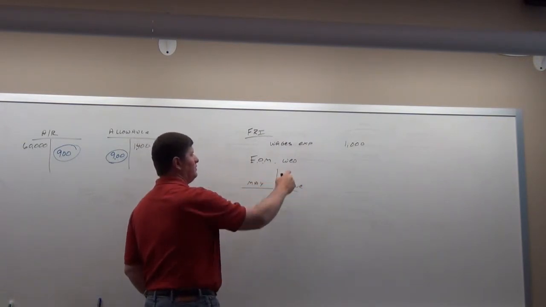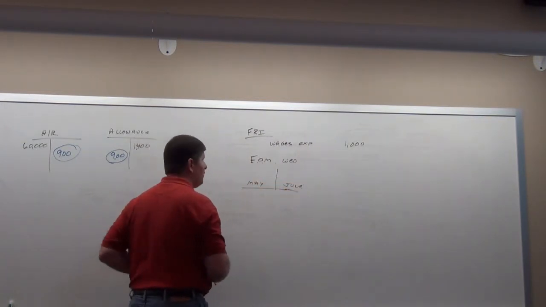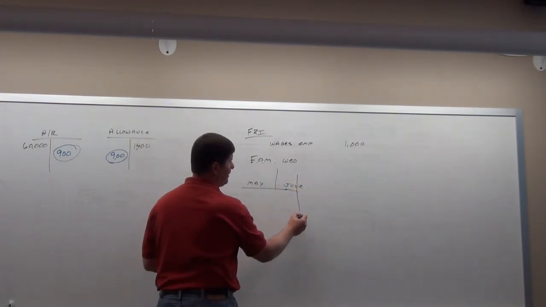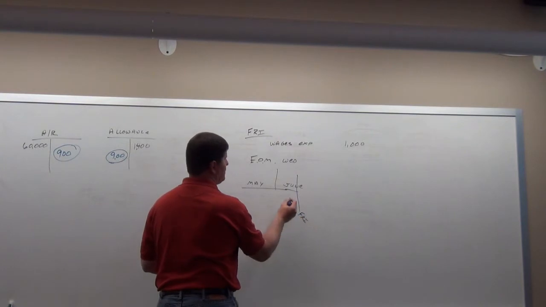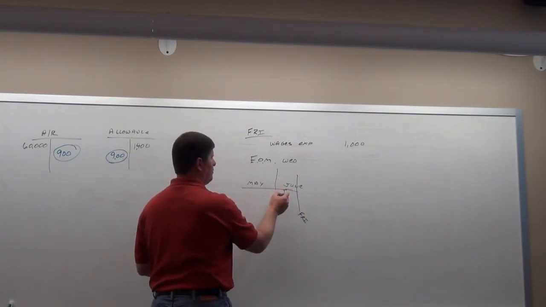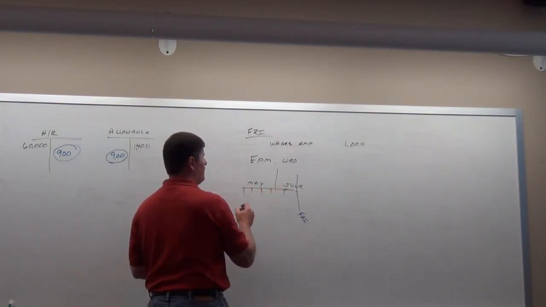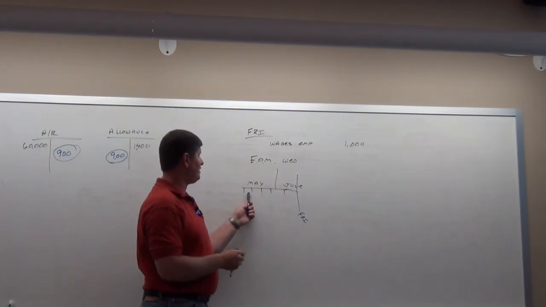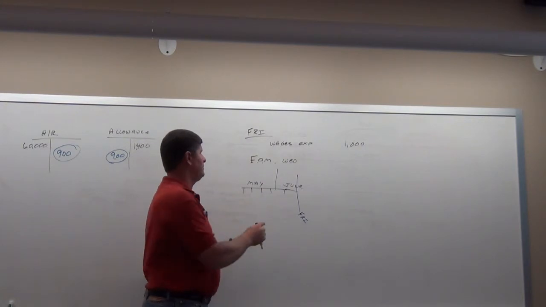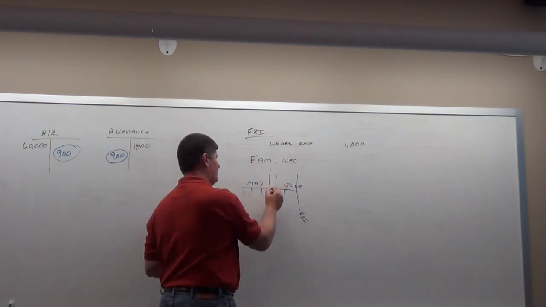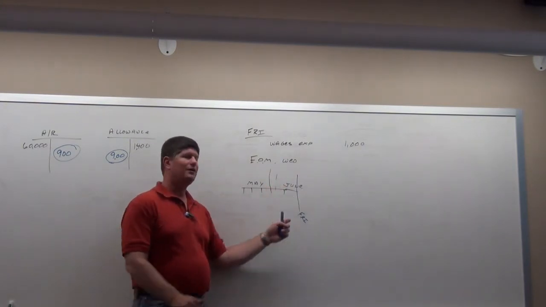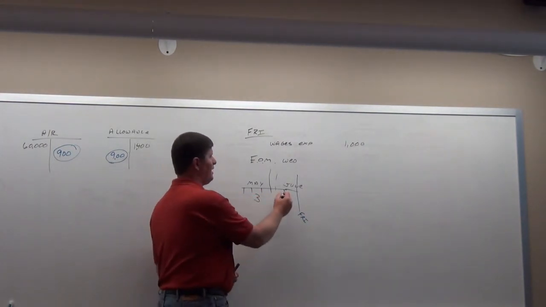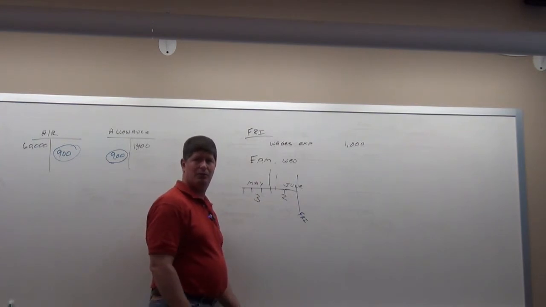Well, hang on. This is Friday. The blue line is Friday. So there's 5 days in this week. Your employees work 5 days, 1, 2, 3, 4, 5, and they get paid on Friday. 3 of the days are in May, 2 of the days are in June.